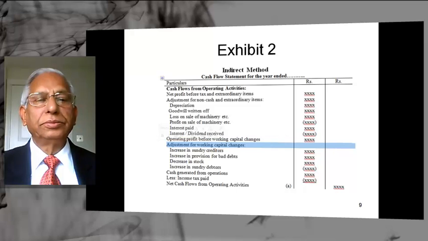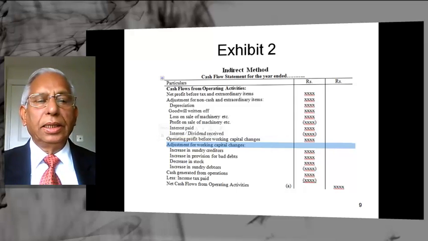To this item, we make adjustment of non-cash and extraordinary items, which may be depreciation, goodwill written off, loss on sale of machinery, etc., profit on sale of machinery, etc. This will be a positive item.